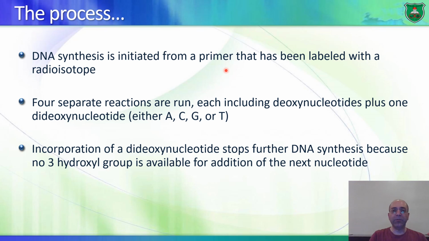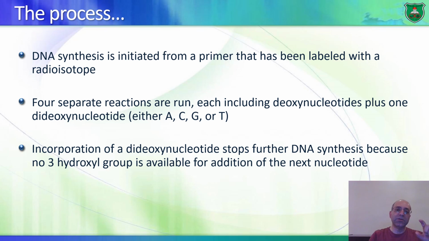We need a primer because DNA polymerase cannot start DNA synthesis de novo, that is from scratch. And the primer is labeled with a radioisotope, for example radioactive phosphorus. Of course, we also need the substrates for the DNA polymerase, that is the 4 deoxynucleotides, A, C, G, and T as well.